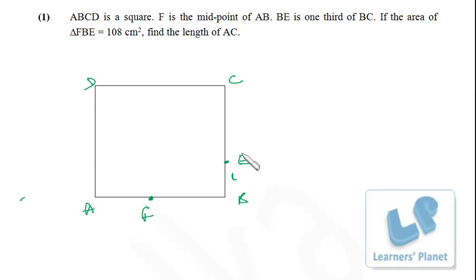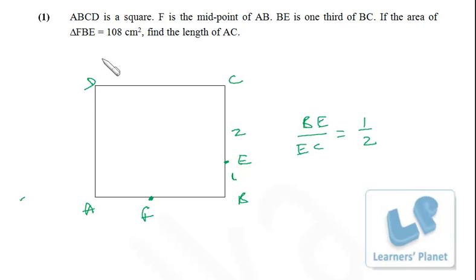So this ratio is 1:2. That means BE is to EC is 1:2, because BE is 1/3 of the total length BC. If BE is one part, then EC has to be two parts, then only BE will be 1/3 of BC, isn't it? 1 and 1 plus 2. Now I join these two points.